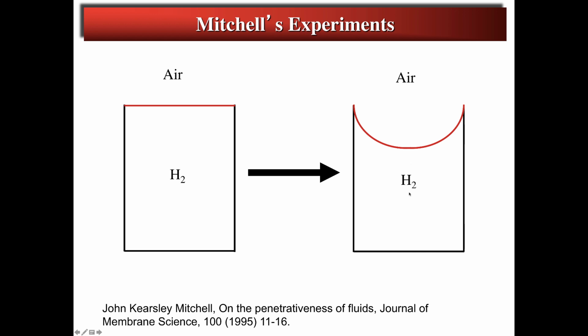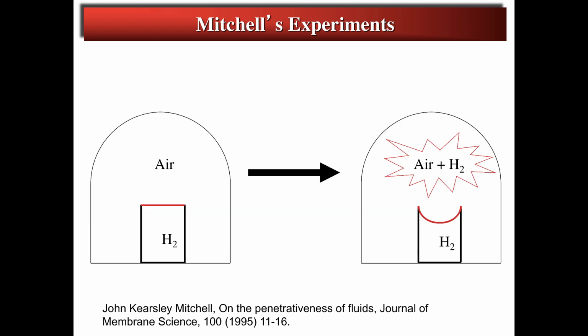And he then went on to do another experiment. If the hydrogen has come out of here, where did it go? So he put a bell jar over this apparatus and let the experiment go again, and again saw the membrane collapse down into this hydrogen-filled jar, and he noted that the air now above this jar became an explosive mixture.